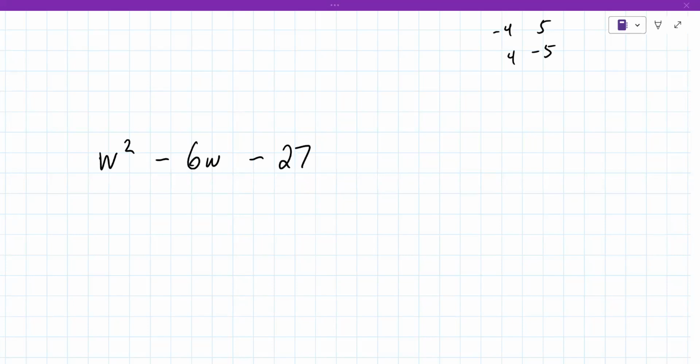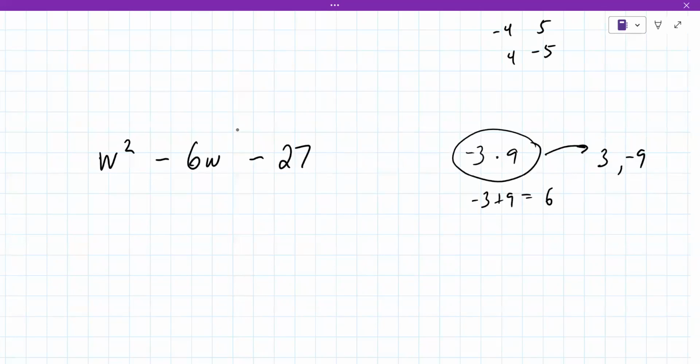-3 and 9. Okay, that definitely works for multiplying to -27, but does that add to -6? Yeah. It adds to +6, which means that you just have to switch the signs.